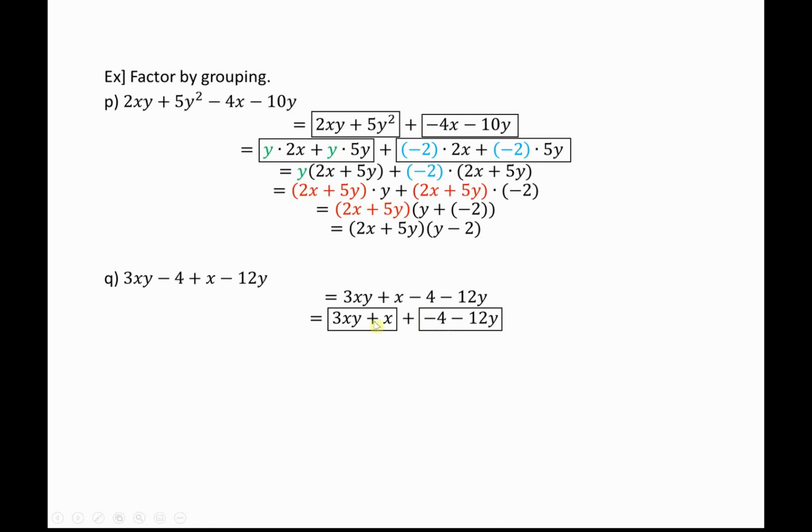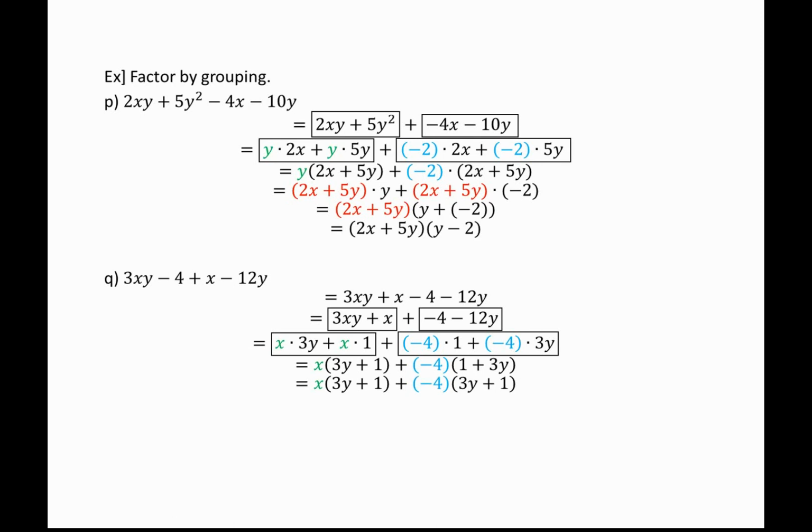The GCF of the first grouping appears to be x. The GCF of the second grouping appears to be negative 4. Let's isolate those GCFs and pull them out. Awesomely, oh wait, do I have a common binomial factor? Is 3y plus 1 equivalent to 1 plus 3y? Yes, it is, because addition is commutative. So I did a switcheroo on the second binomial, where my cursor is hovering, just to make it look exactly the same.